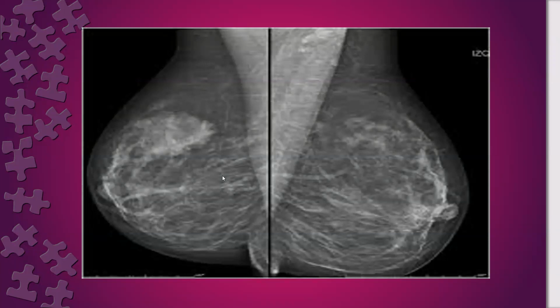The descriptor is either mass asymmetry, architectural distortion, or calcifications. So this side is smaller than the left, but there is asymmetry here. And this by ultrasound was normal breast parenchyma.